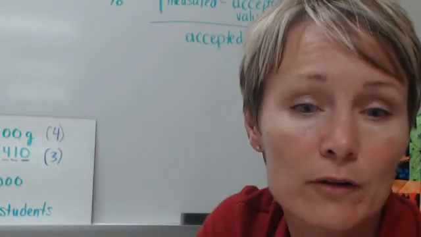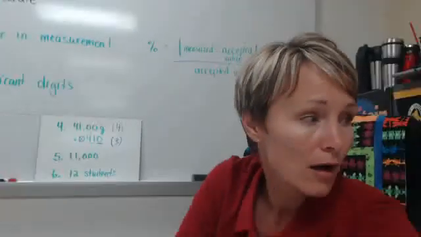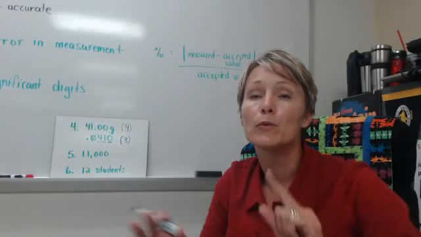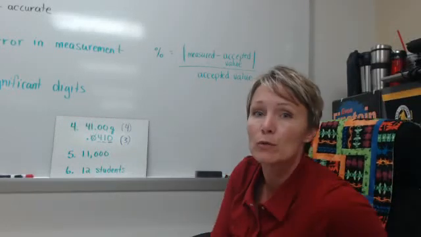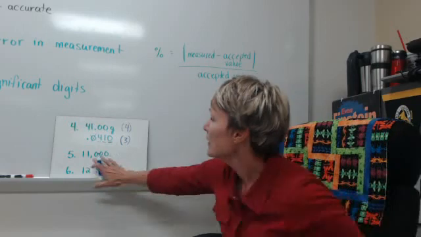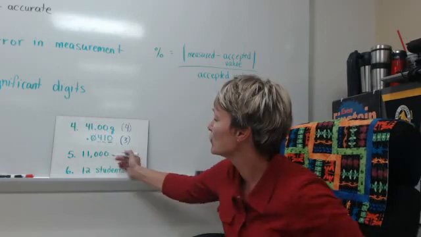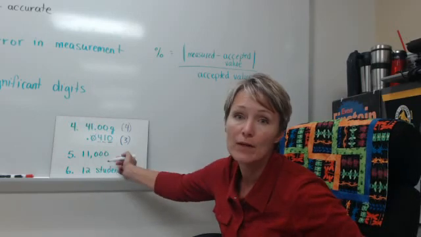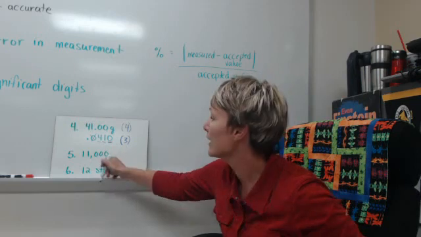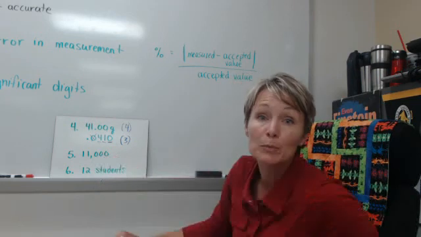On rule number 5, zoom out just a little bit here. On rule number 5, we briefly discussed that on rule number 3 because we said that these zeros that are to the left of the decimal point and at the end of a number, those are placeholders.